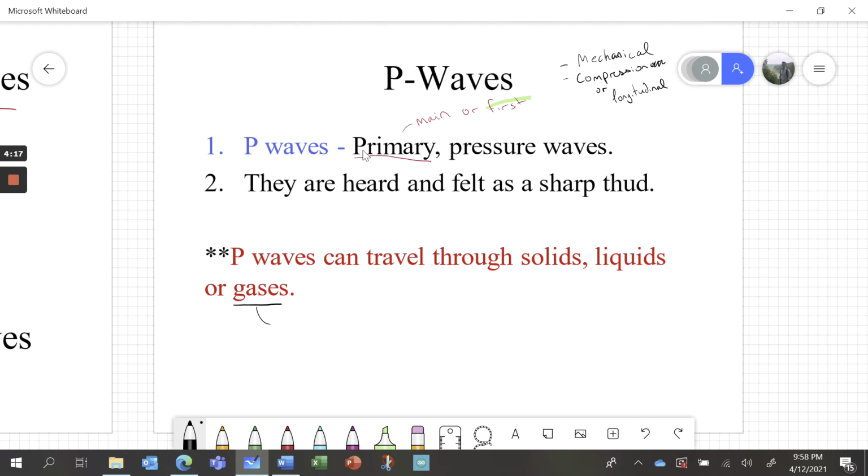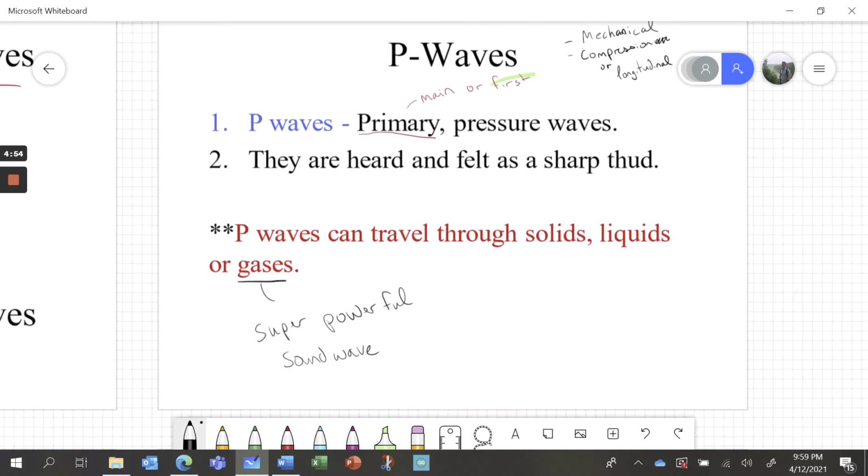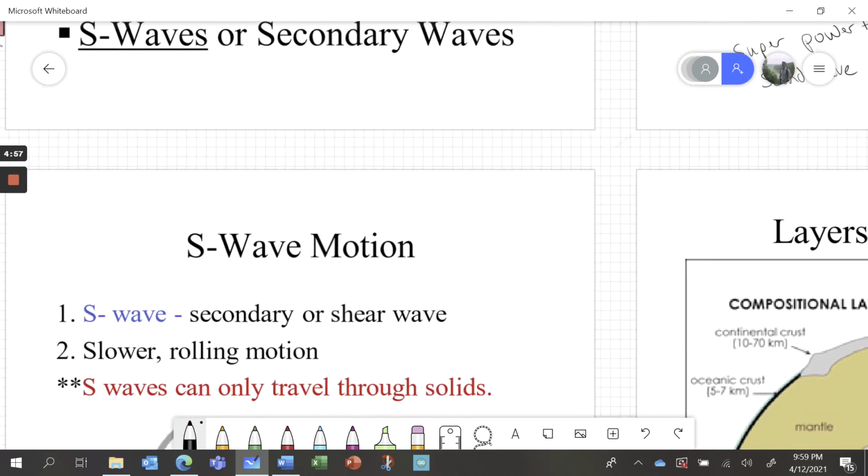Essentially, a P wave is a very, very powerful sound wave that travels through the entire earth, not just the crust. It is what you feel first in an earthquake. It's very quick and it feels like a sharp thud. It is a compression wave.